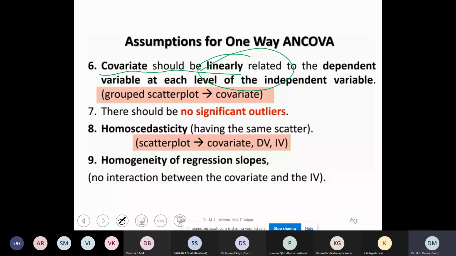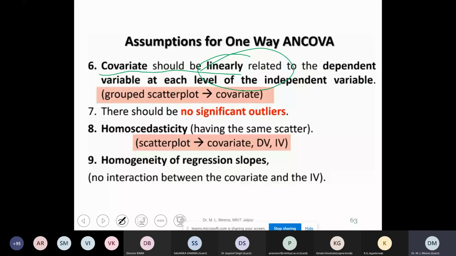In contrast, ANCOVA divides between group variation into treatment and covariate. Finally, ANOVA exhibits within group variations particularly due to individual differences, unlike ANCOVA, which bifurcates within group variance into individual differences and covariate.